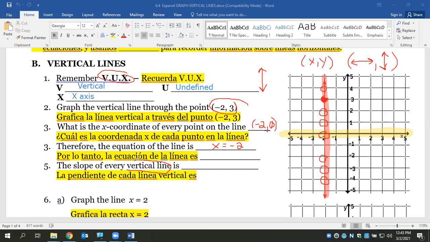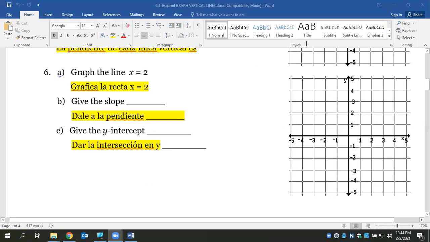What is the slope of a vertical line? Yep, you guessed it. Undefined. So, hopefully you answered all of those correctly.